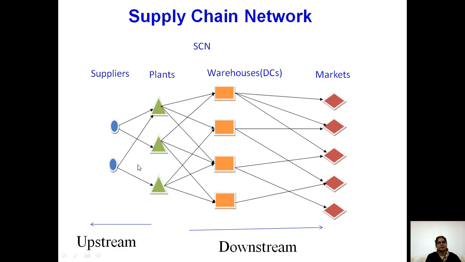For example, for a plant, the very next upstream facility is called supplier. And for a plant, the very next downstream facility, that is warehouse, is called customer. Similarly, for a warehouse, the plant is the supplier and market is the customer.